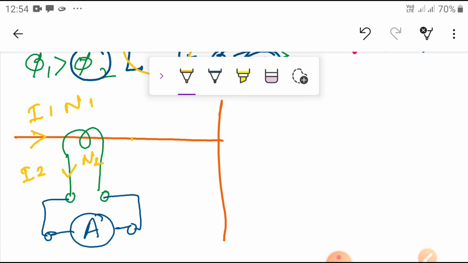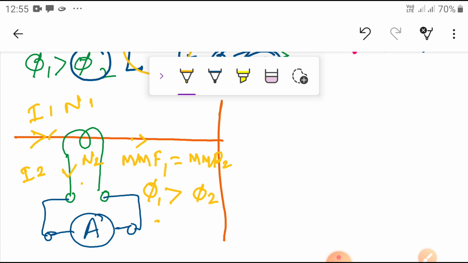Okay, then what is the MMF? The MMF of the primary, this one, is greater than the MMF of the secondary, this one. As we know, the flux phi 1 is greater than the flux phi 2. The secondary flux produced by this CT secondary is less than the flux produced by the primary, because the number of turns is less but the current value is more.